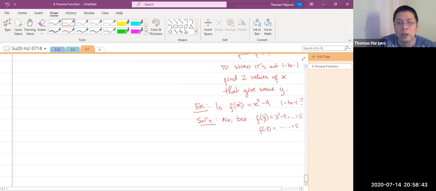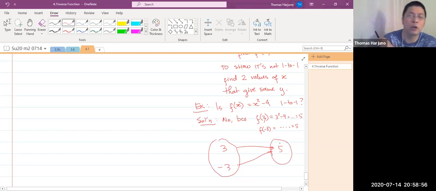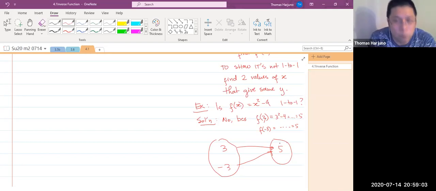So you see that 3 goes to 5, but negative 3 also goes to 5. It is a function, but it is not 1-to-1. You see what I mean? So to show that it is not 1-to-1, all you need to do is find two different values of x that give you the same value of y.